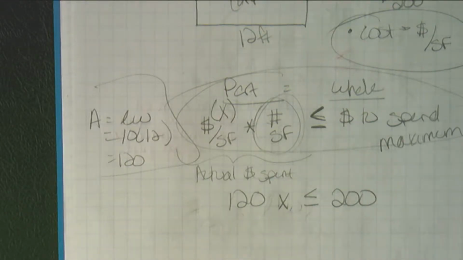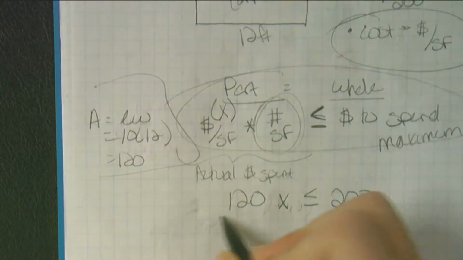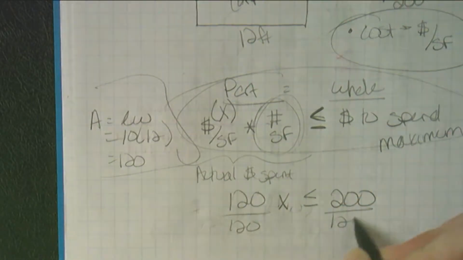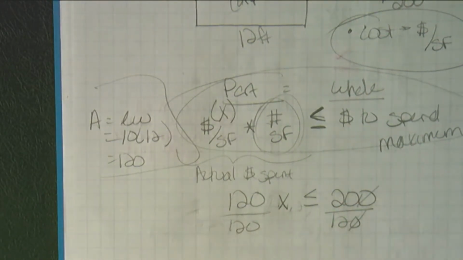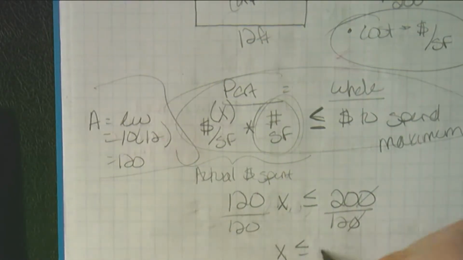Yes? Yep. Length times width, base times height, same thing. All right, and then I would go ahead and solve this further. Divide both sides by 120. You will have a calculator for your test, by the way. All right, so I have x is less than or equal to 1.67.